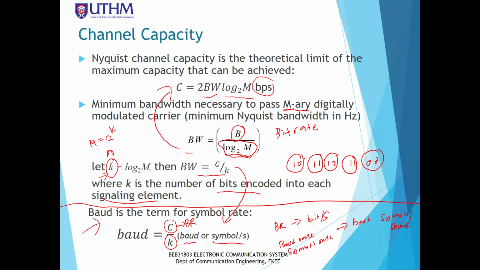That is the parameter that we call as a symbol rate ataupun baud. Berbeza dengan bit rate. Bit rate adalah berapa banyak bit yang boleh dihantar dalam masa 1 second. Untuk symbol rate adalah berapa banyak simbol yang boleh dihantar dalam masa 1 second. In 1 second, how many symbol that can be transmitted.